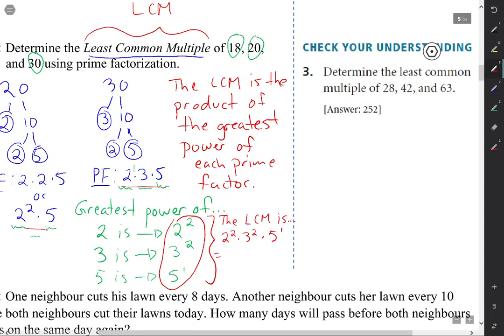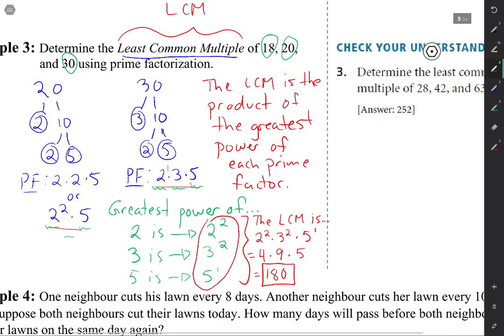So if we multiply all these together, we have 2 to the power of 2 is 4, 3 to the power of 2 is 9, and 5 to the power of 1 is just 5. And if we do 4 times 9 times 5, you should get 180. So 180 is the least common multiple.